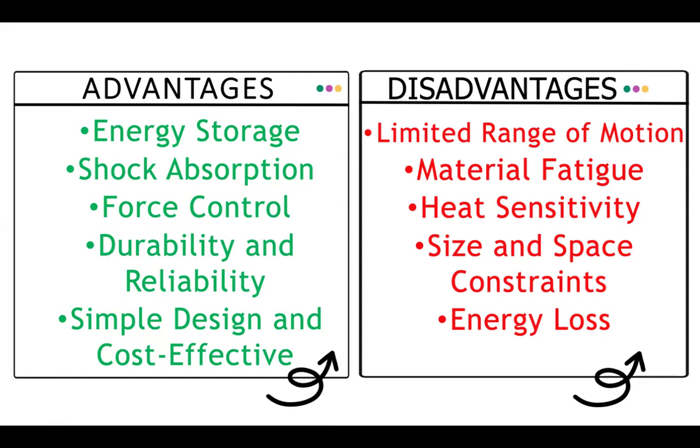Then heat sensitivity. In high temperature environments, spring materials can weaken, and this reduces the effectiveness in energy storage and force maintenance also. Then the size and space constraints. Springs need physical space to operate within their designed compression or extension range, so it can be a limiting factor in compact systems.